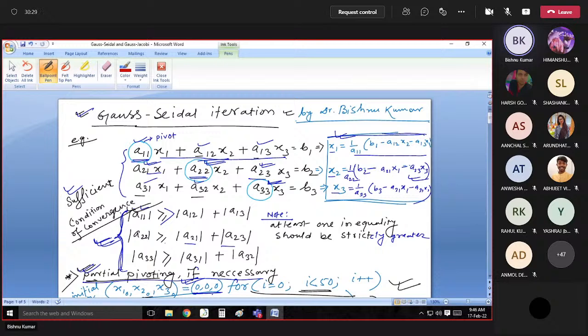Those 3 techniques are direct methods. In iteration methods, we learned 2 methods. Everywhere the Gauss name is there: Gauss-Seidel iteration and Gauss-Jacobi iteration. Those 5 things in terms of name, you should be aware which technique is which. Don't be confused, okay?